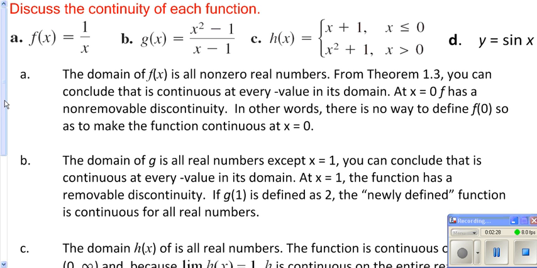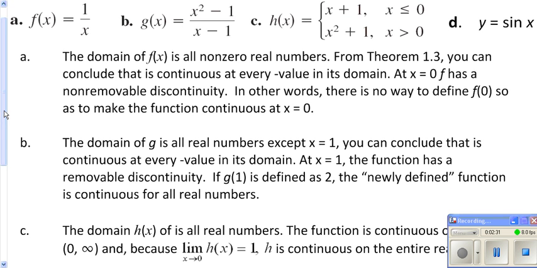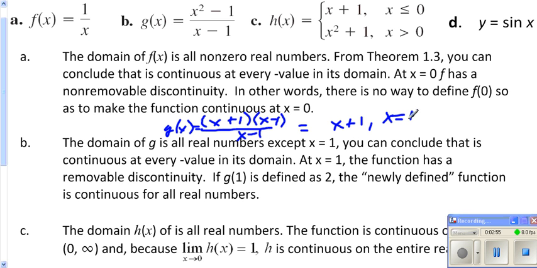Now when you look at the second one here, the second one does factor. It factors into x plus 1 and x minus 1, all over x minus 1. So g is going to simplify down to x plus 1, except when x is equal to 1.